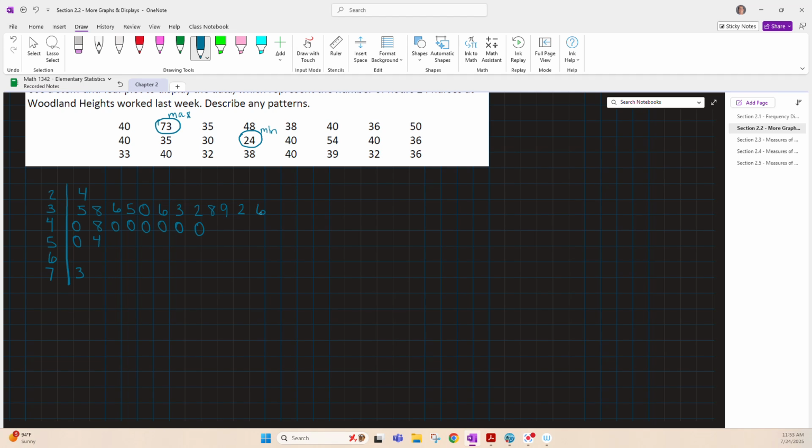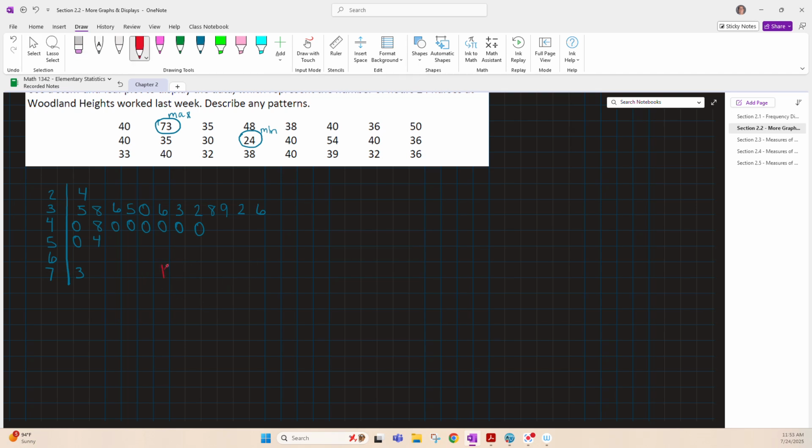Now, on stem and leaf plots, we need to make a key. You're like, well, why do we need a key? I know what this means. Yeah, you know what it means, but I don't know. How do I read these numbers? Is this 2.4? Is it 0.2? Well, it wouldn't be 0.24 because we'd have a 0.2 out here. But how do I read the number?